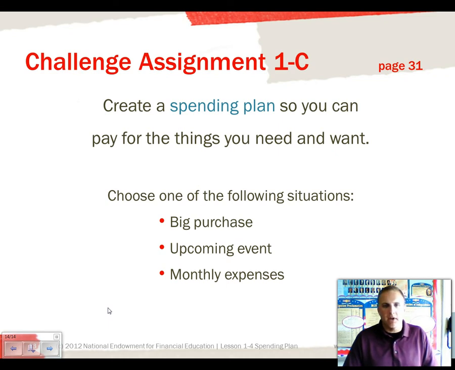Maybe you have a wedding coming up, or a trip that you want to take, or just monthly expenses in general. How are you going to save money to help pay down your student loans or help pay down your car payment? And then in the fourth column, put how successful you think you'll be, and create a little bit of a plan for how you're going to save money in order to achieve that given goal.